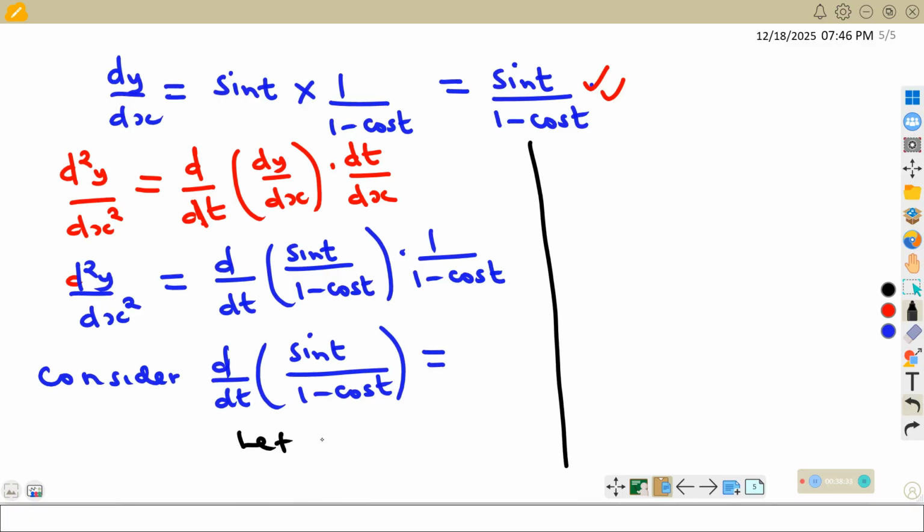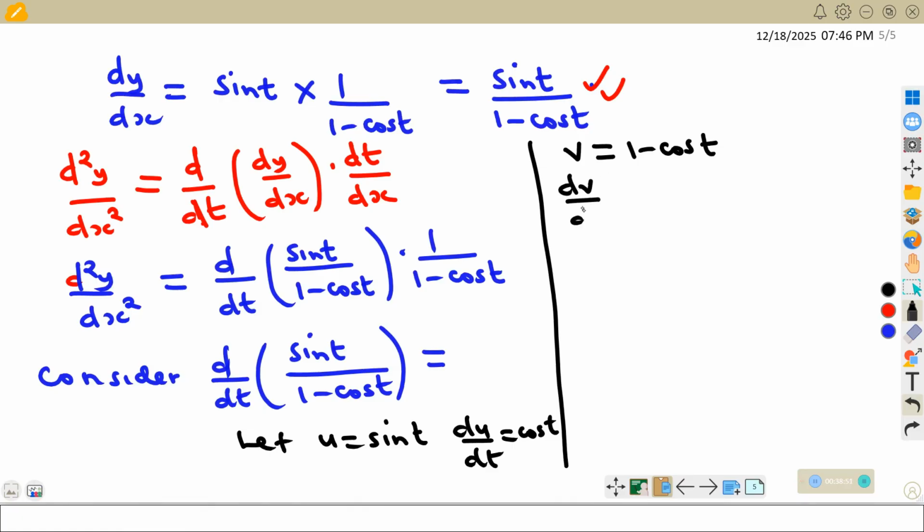We shall let u be sin t, so du/dt is cos t. We shall also have v represent 1 minus cos t, and this implies dv/dt is, differentiate 1, you get 0, differentiate cos, you get negative sin t. So basically it will still give us sin t. So from there, get your expression.